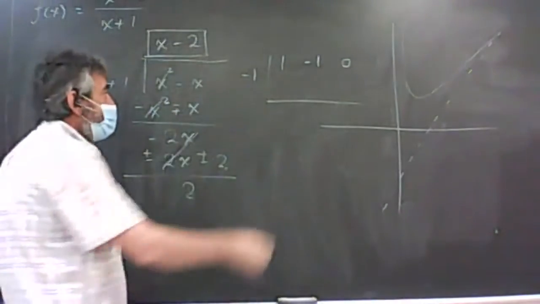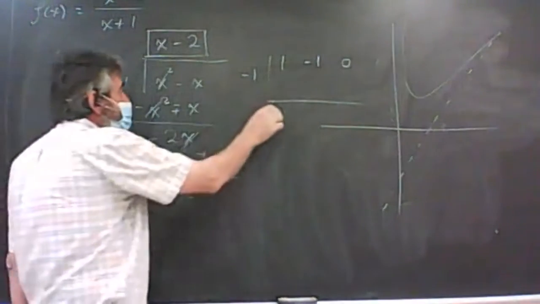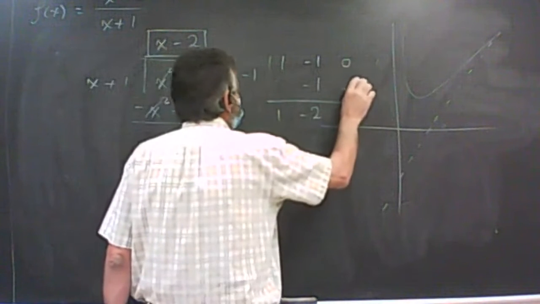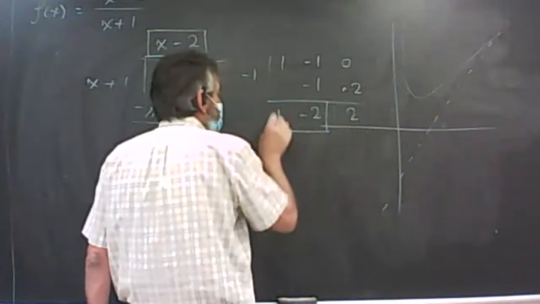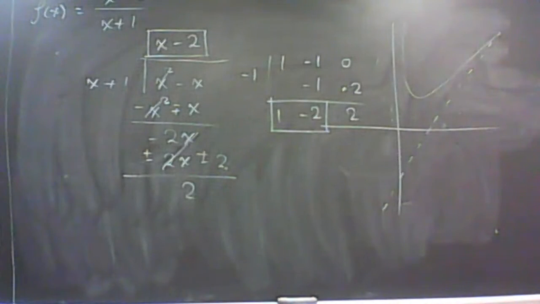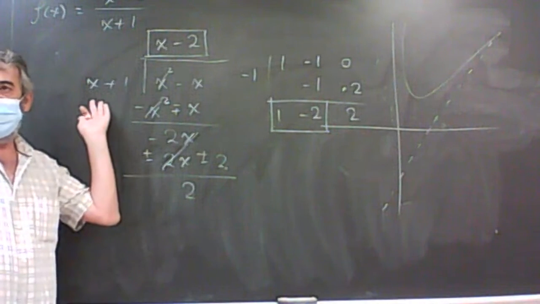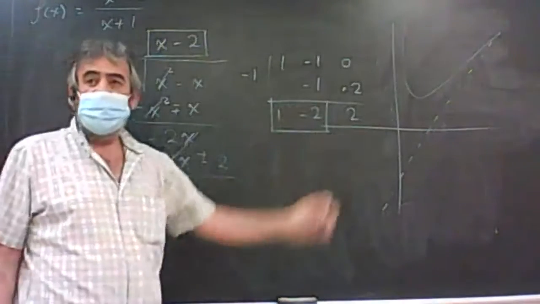So I'm going to take the 1 down. 1 times -1 is -1. That's a -2. I'm sorry, that's a 2. And these are your, in this case, this is your asymptote. But you can only do that if you're dividing by a linear factor.